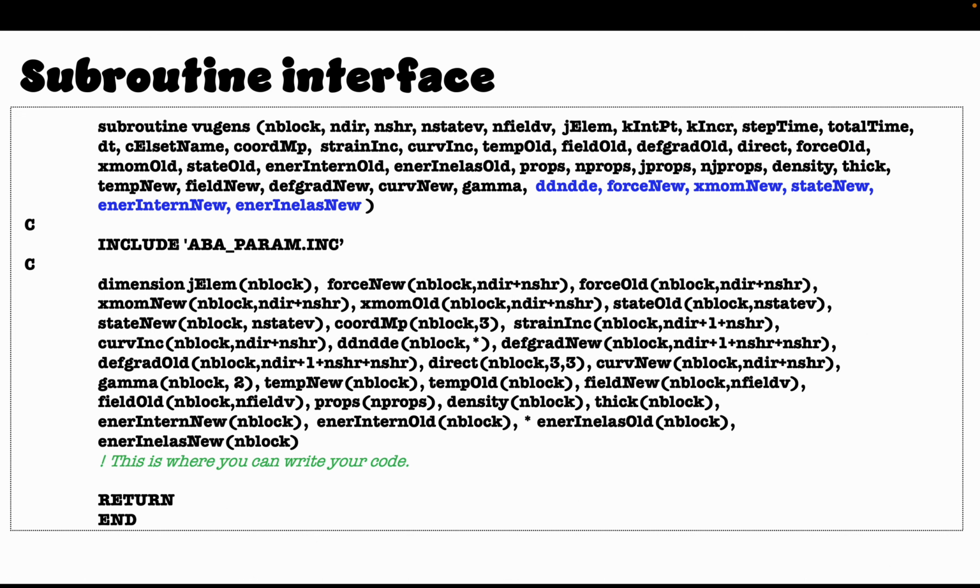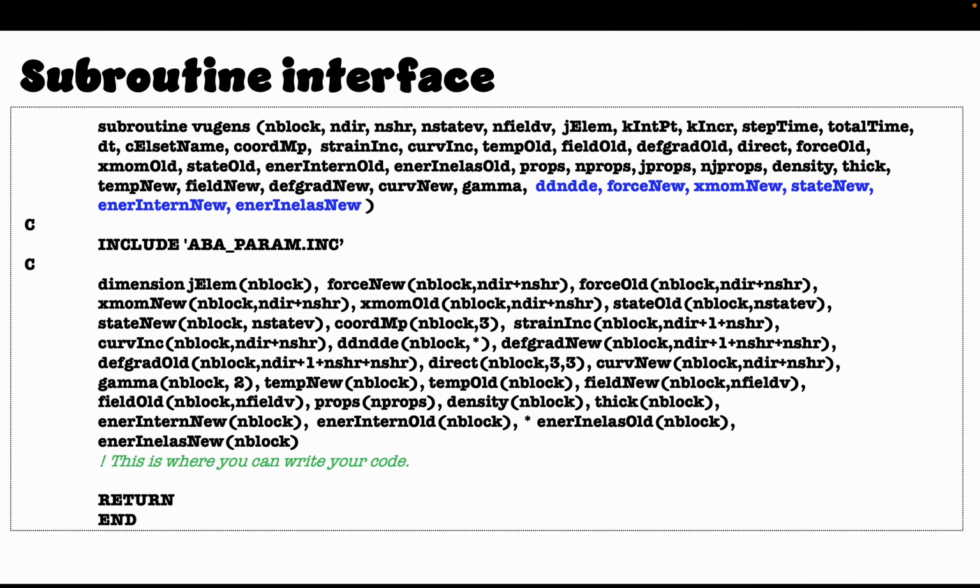The force resultants, which here are force new and also moment new, in general have 6 components, 3 force resultants and 3 moment resultants. When we have the gradient of force resultants, I mean the force vector, with respect to the strain, we have a 6 by 6 matrix, a second order matrix.